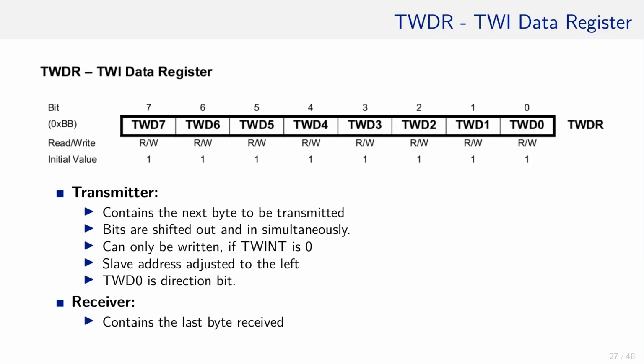Please note that this register can only be written if TWINT, which I'm going to talk about in a minute, is set. Please check TWINT before writing to TWDR. If the MCU reads from the SDA wire, the data is shifted in, and hence TWDR contains the last data received.